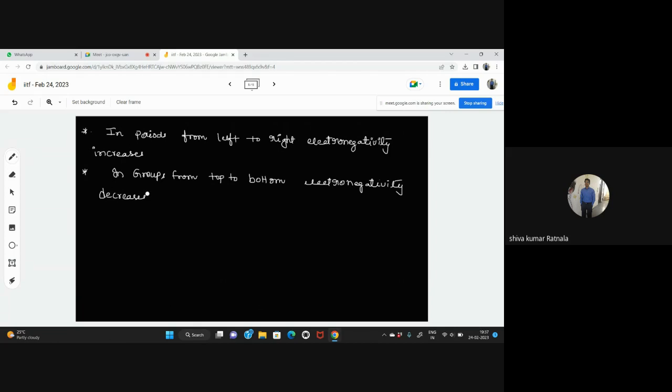Let me write on that once. The electronegativity of any element depends on the following factors.